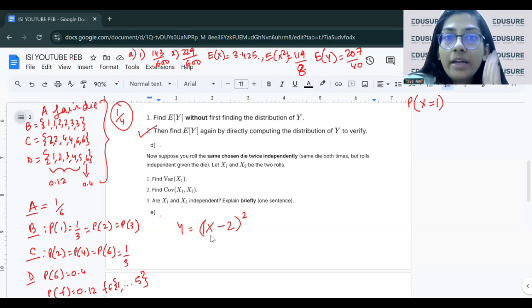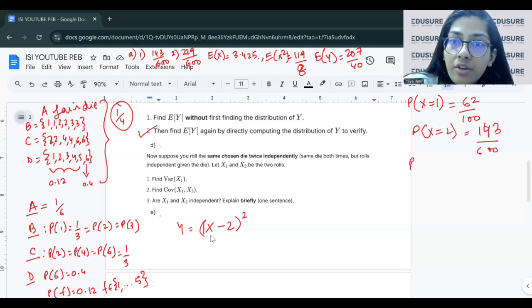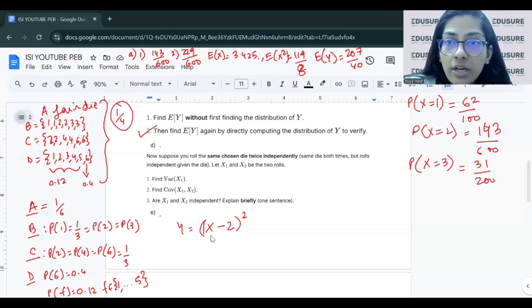You have to see x is equal to 1 given A, given B, given C, given D, and then work with their probabilities, right? So probability of x is equal to 1 will come to be 62/100. Then probability of x is equal to 2, we already know from part A, it was 143/600. Then probability of x is equal to 3, again in the same way, if you do it given A, given B, given C, given D, and then the probabilities from there, you will get 31/200.